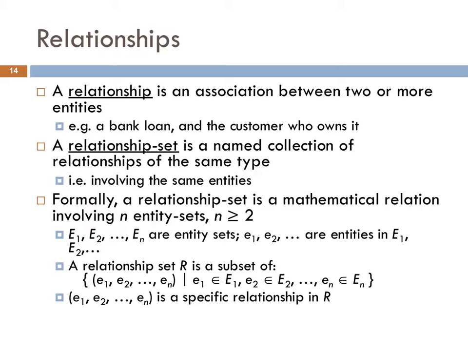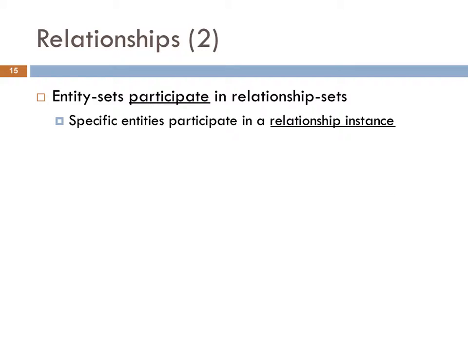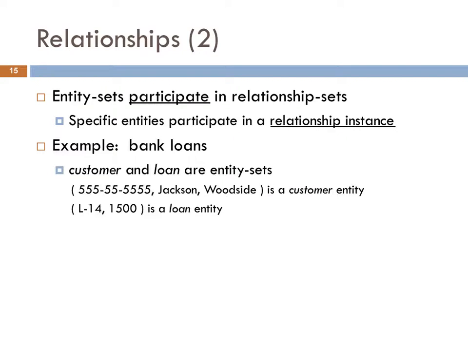So the fact that this laptop and me have a relationship would be one relationship instance in the relationship set relating laptops to owners. Okay? That's the idea. All right, so we say entity sets participate in relationship sets, and then specific entities participate in relationship instances.